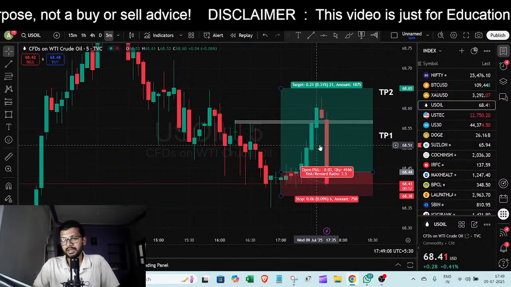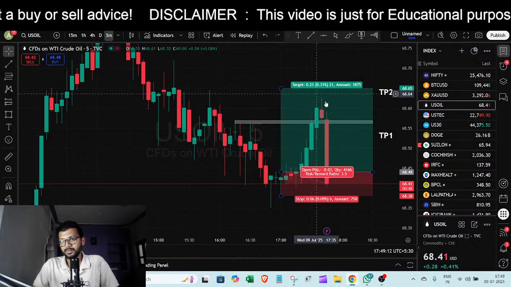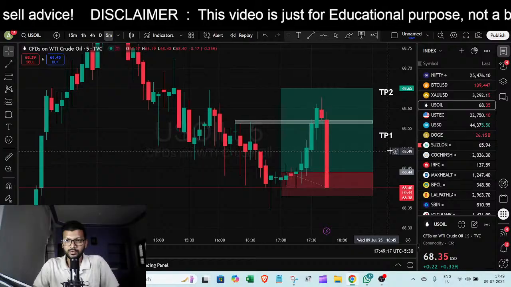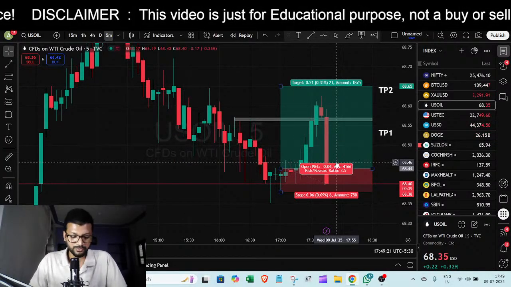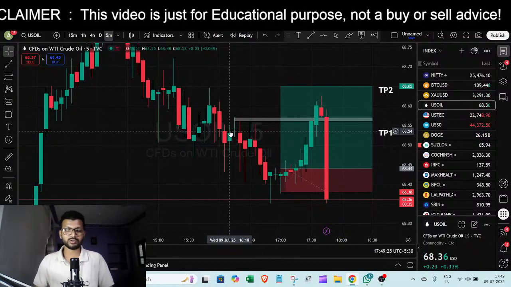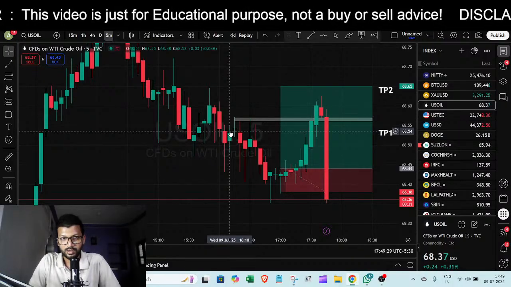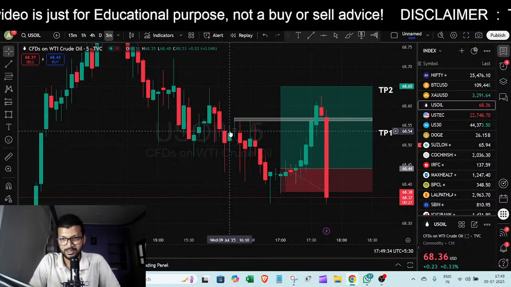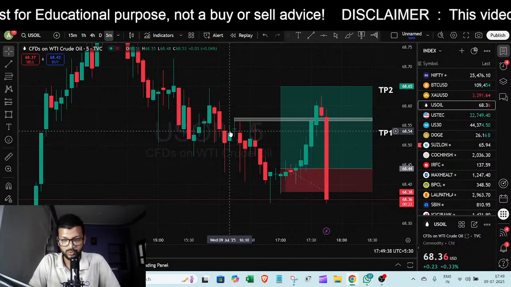Our trailing SL hit just a few points from our TP2, but unfortunately our TP1 trailing SL hit, so we are out of this trade. Overall today in this session we did two trades, in gold and in US oil. In gold we achieved 1:3 RR, and in US oil we exited with 1:2 where our trailing SL hit. We were almost around the TP2.